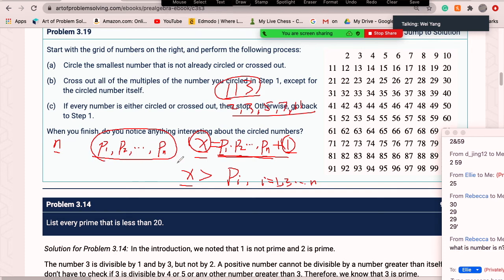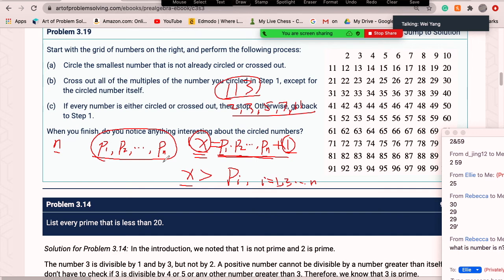But this number is not divisible by any of them, which means it should be another prime number. But we already wrote all the prime numbers, p1 to pn. So this is a contradiction.